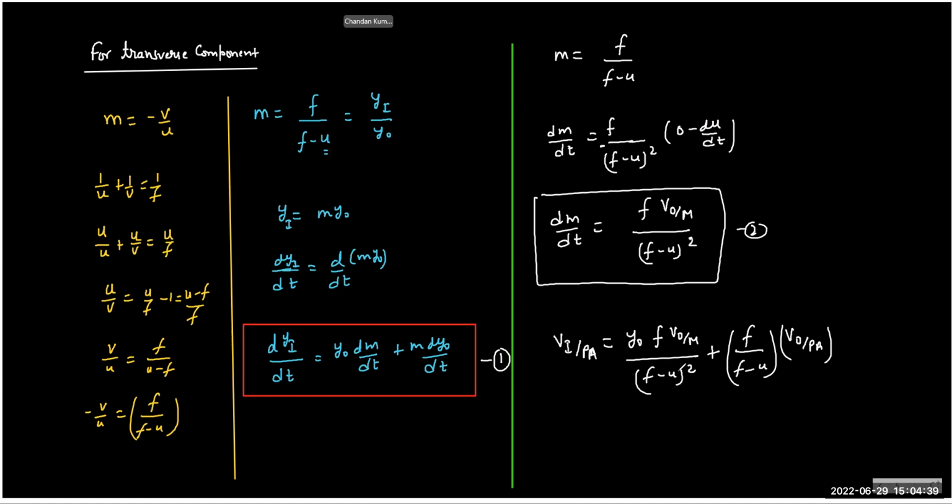If y naught is 0, of course v naught with respect to the principal axis is also 0, and this entire term will vanish. So the transverse component only comes when the object is not on the principal axis. If you're not on the principal axis, then you will have the transverse component, else you won't have any transverse component.